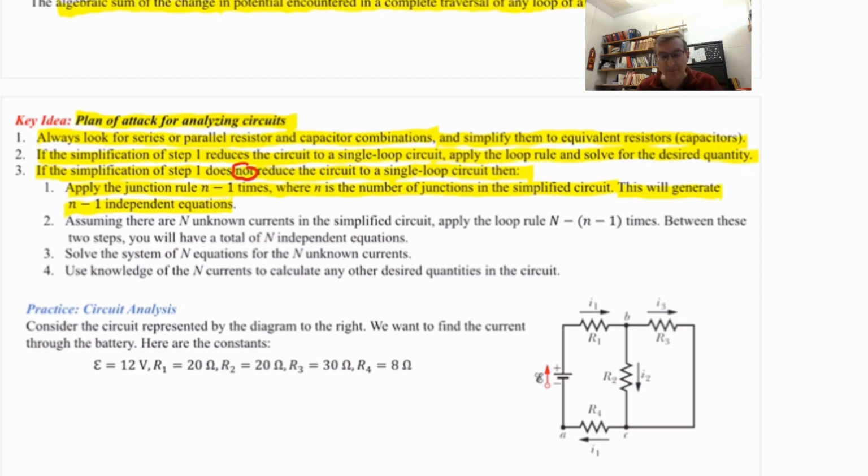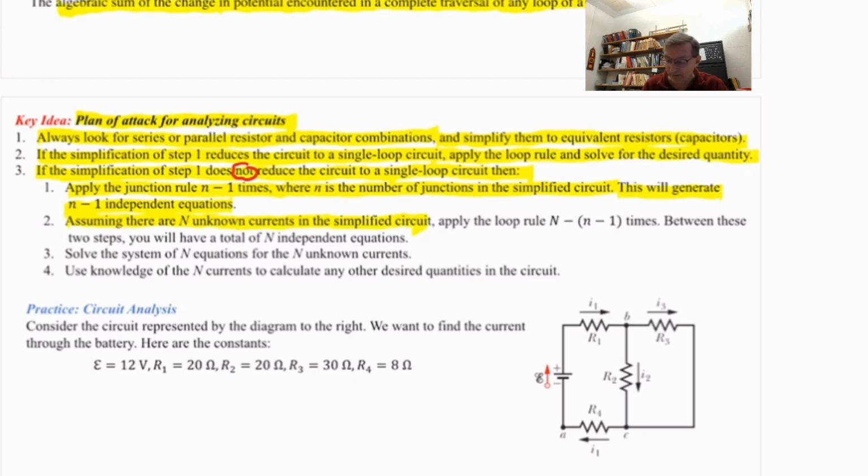All right, so the first sub-step is applying the junction rule little n minus 1 times, where little n is the number of junctions in the simplified circuit. And that gives us little n minus 1 independent equations. Sub-step 2, let's assume that there are capital N unknown currents in the simplified circuit.